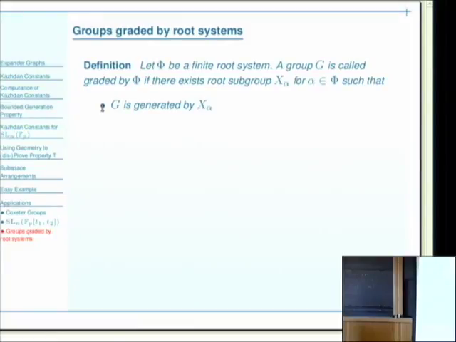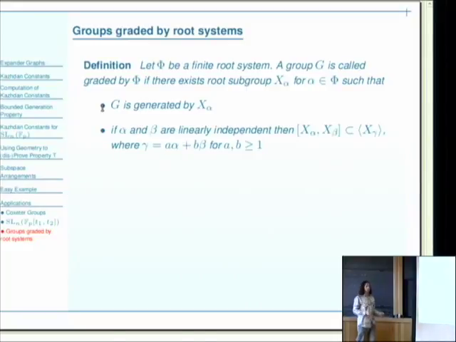Okay, so we generalize this and say, you don't need to have fields, you don't need anything here. Just start with some kind of subset in Euclidean space. Suppose that you have a group with a bunch of subgroups satisfying some kind of axioms which you typically see in groups of Lie type. So the first one is the group is generated by all these guys.